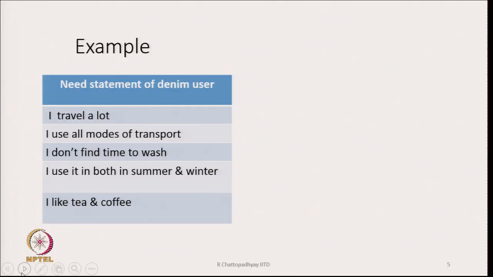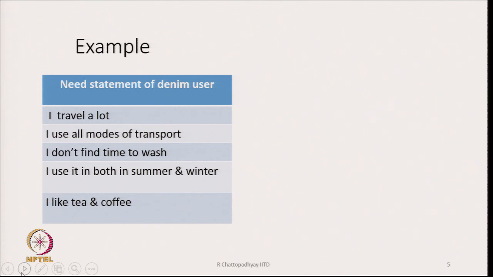So, obviously, most of the time tea and coffee will be offered. So, he is fond of it, or he may be compelled to take it, because he is serving some clients or customers. So, let us say that these are the need statements of a person who is a denim lover. He also uses denim pants.